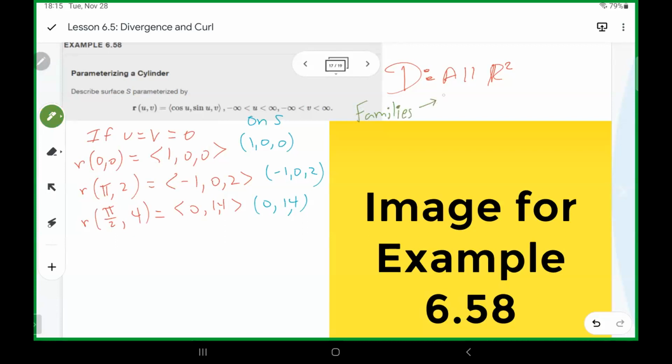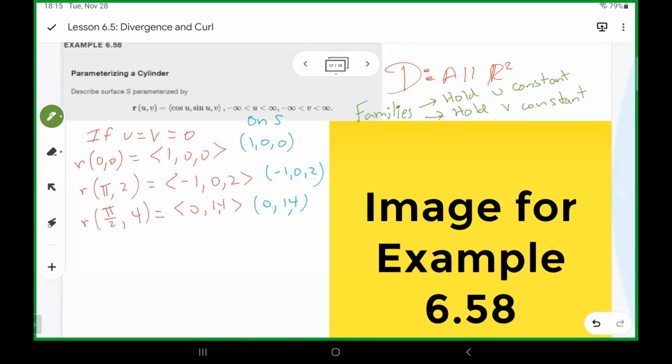You would hold u constant, and then hold v constant. This allows us to build a skeleton of the surface, thereby getting an idea of its shape.